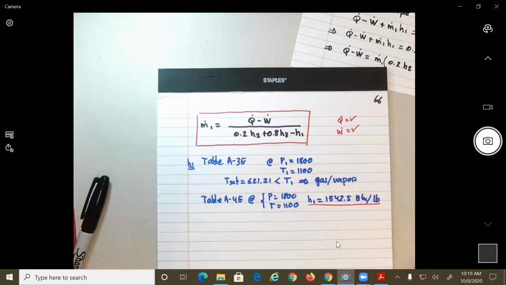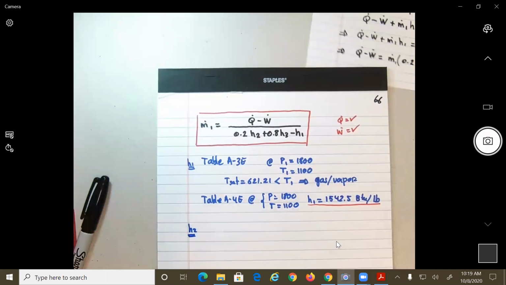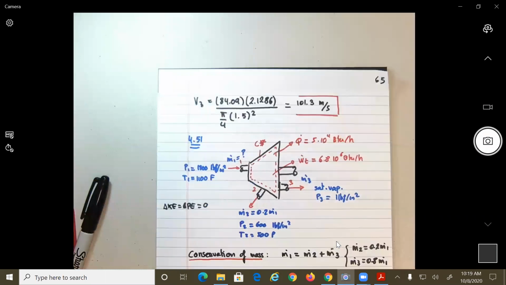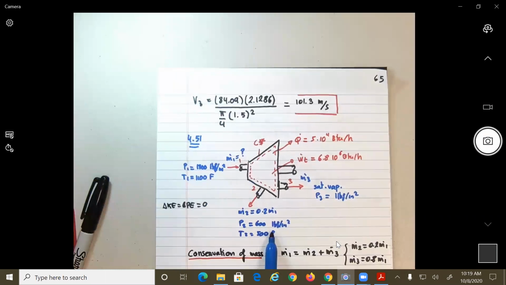Okay, now we need to find H2. Again, we know two things about H2. We know the pressure, we know the temperature, no? Okay, so what can we do?